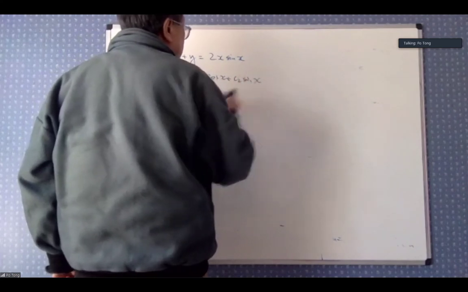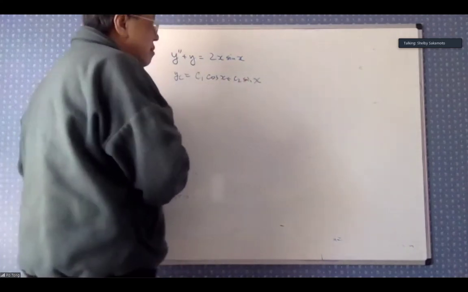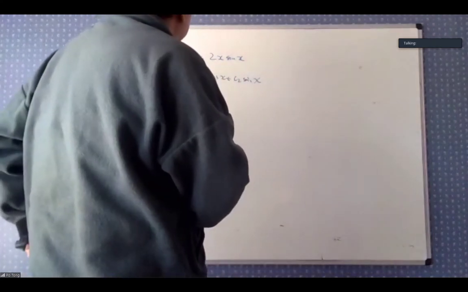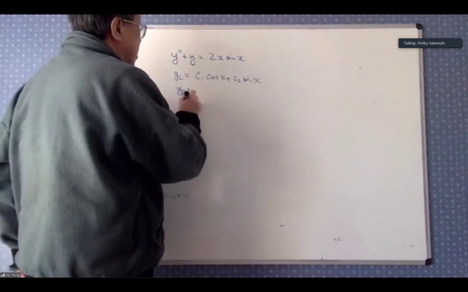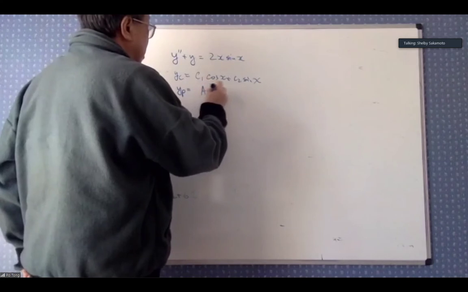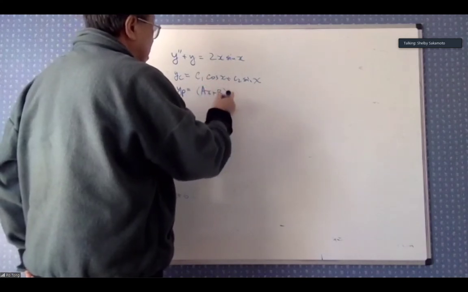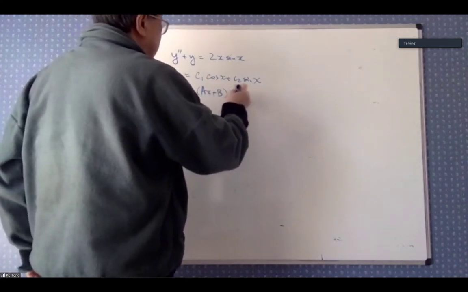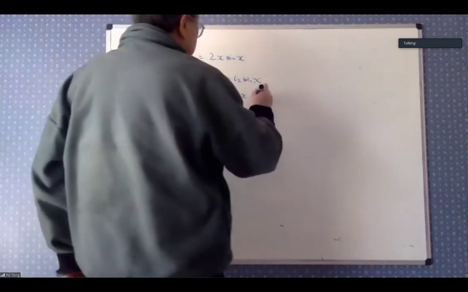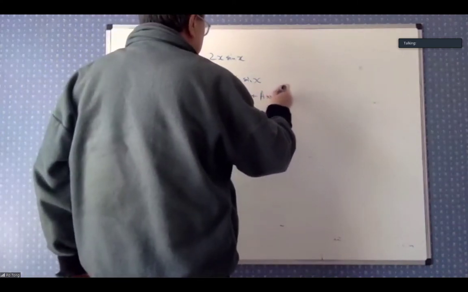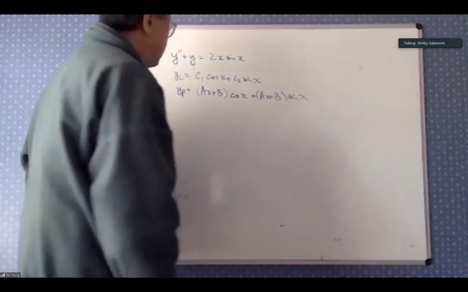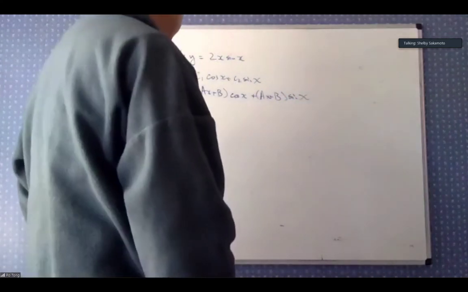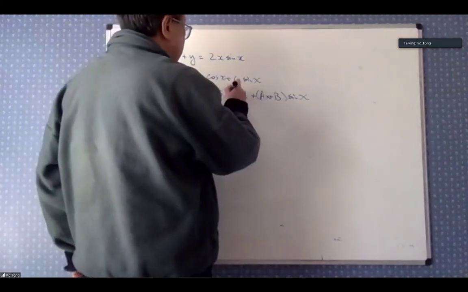And then y_p is equal to (Ax plus B) cosine x plus (Ax plus B) sine x. Yeah, that's wrong. But then there's a repeat, right? So you have to add an x to both the expressions, I think. Yeah, okay, that's fine.